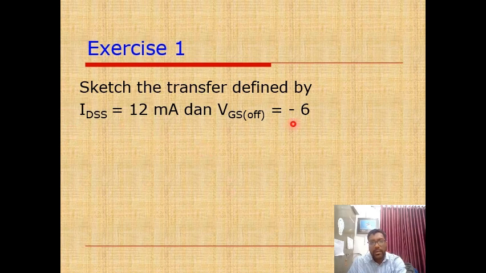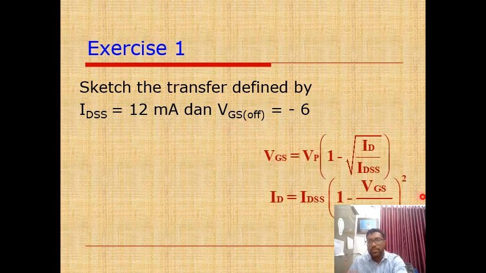So here is some exercise. Sketch the transfer characteristic defined by IDSS equal to 12 milliampere and VP equal to -6 volt. For that, again we have to see these equations. VGS equal to VP into 1 minus root of ID by IDSS; these two equations are the same, just in two different formats. This is in terms of voltage and this is in terms of current.